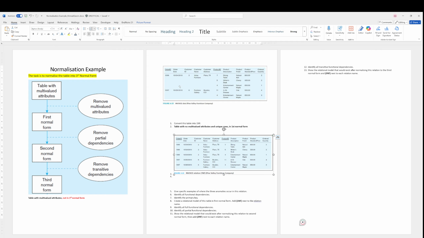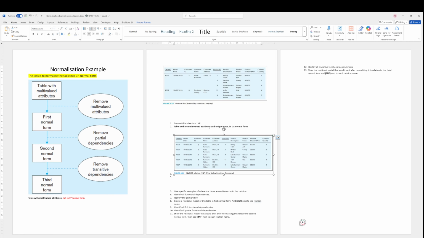In order to remove the multi-valued attributes, all these multi-valued attributes relying on one order, I have to repeat all the data. So you can see that all the data are currently there, there's no multi-valued attribute and the rows are unique.